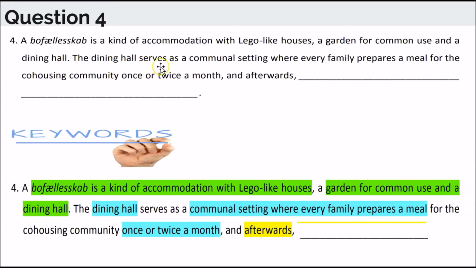First they do this, the dining hall serves as a communal setting where every family prepares a meal. So what I mean is, first the family prepares this and they do what afterwards? Okay, let's go to the actual paragraph where you can find the information.